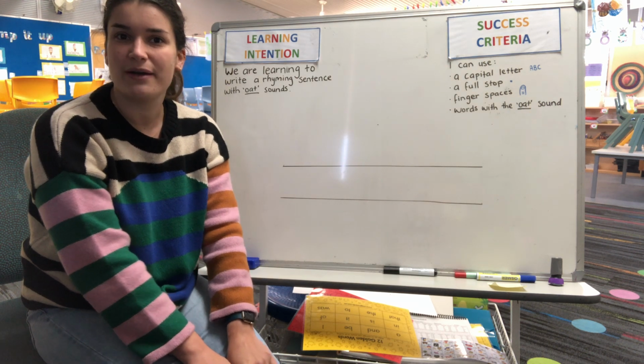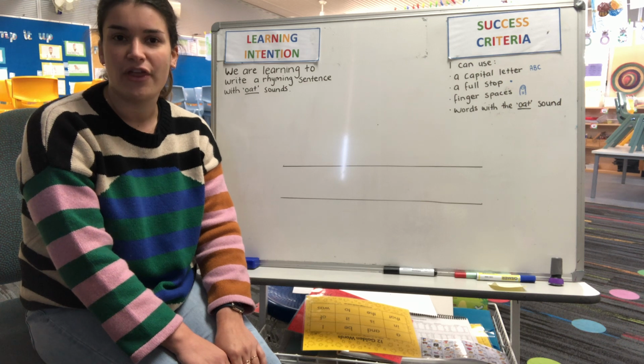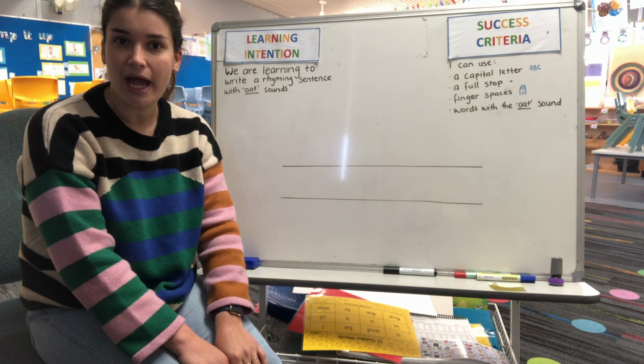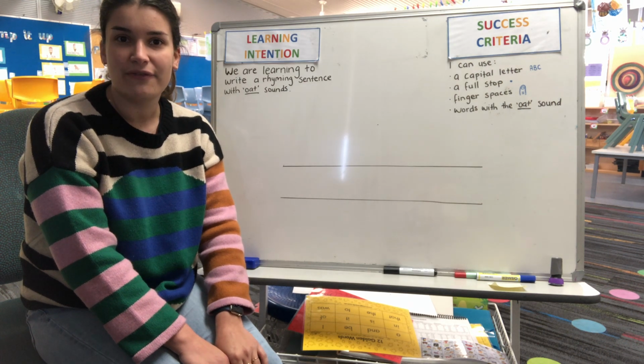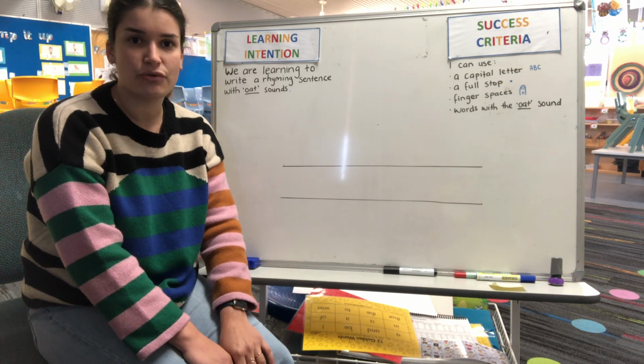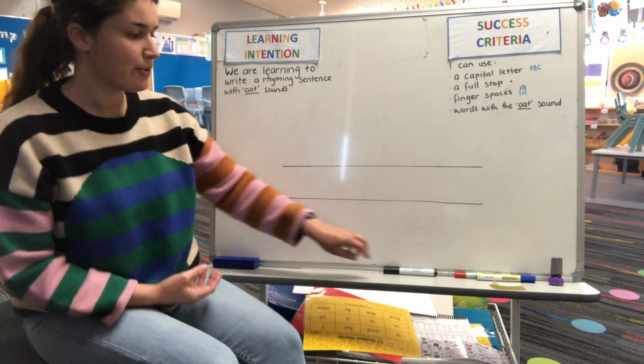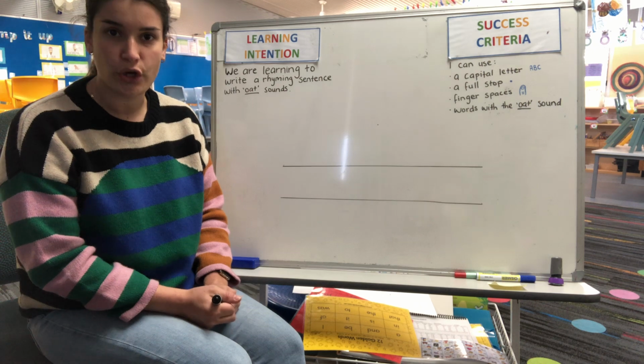The sentence we're going to write today is, the goat sat on a coat. The first thing we're going to do is draw a picture. So I'm going to draw a picture of a goat.